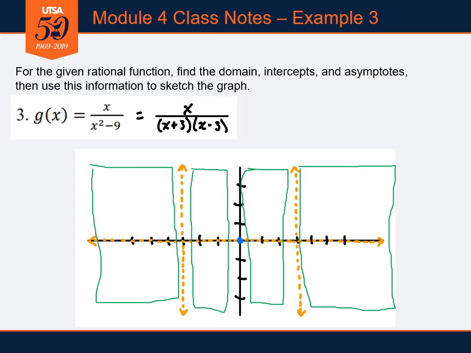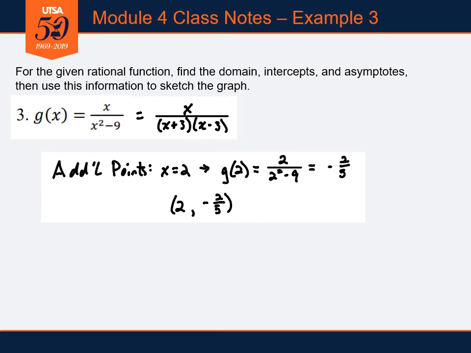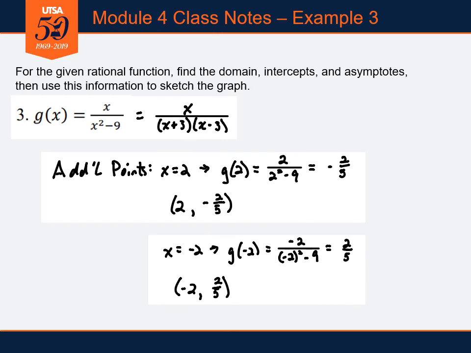And we'll do that now by plugging in an x value of 2. 2 over 2 squared minus 9, that's negative 2/5. Plugging in an x value of negative 2, that's negative 2 over negative 2 squared minus 9. That simplifies to positive 2/5. So we've got the point 2 comma negative 2/5 and negative 2 comma positive 2/5. That's going to help.